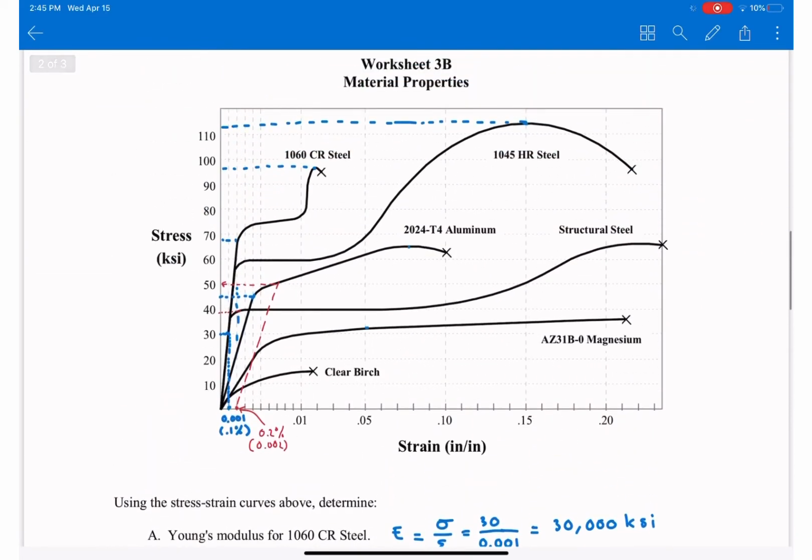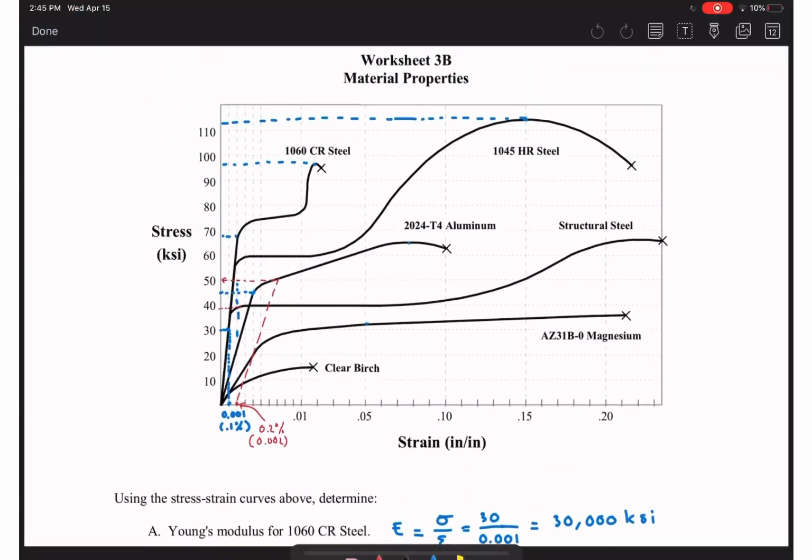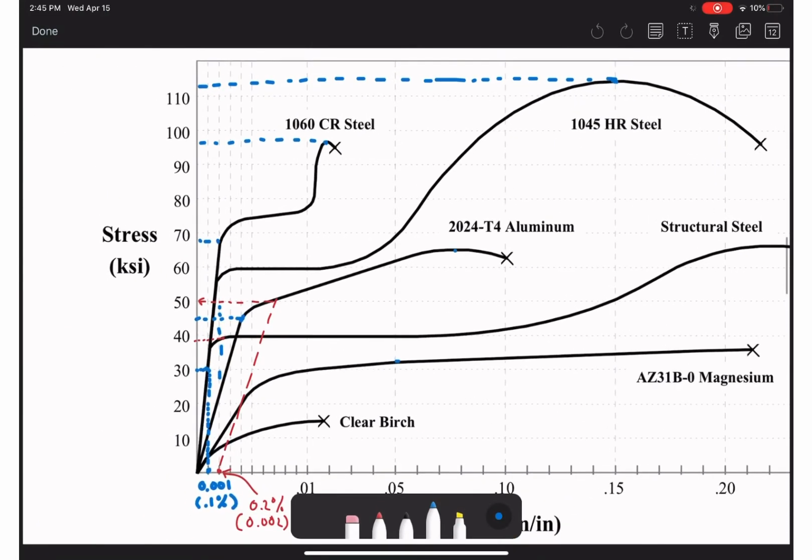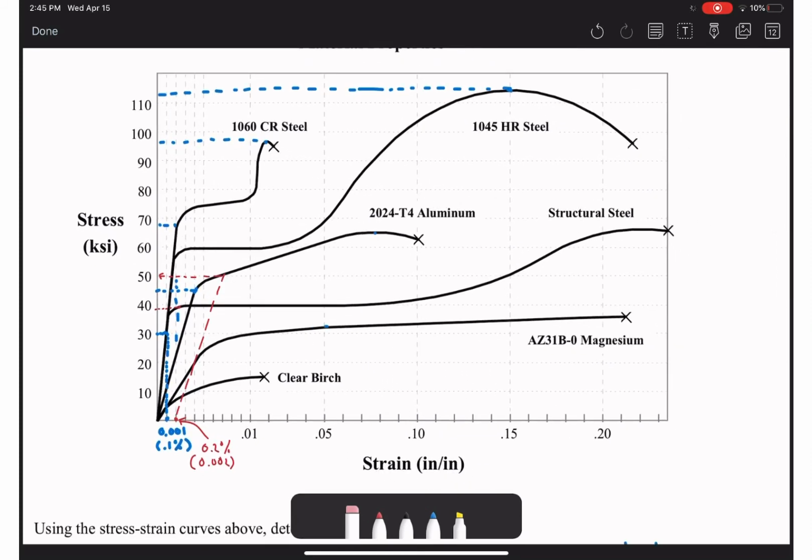For 1060, the area under the curve is that much, so not much. And then for 1045 HR steel, the area under the whole curve is quite big.